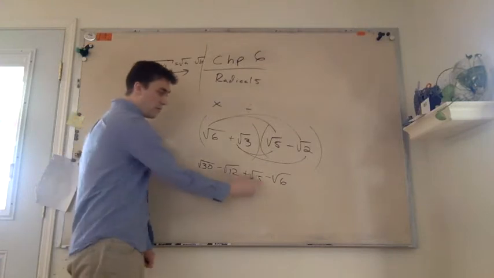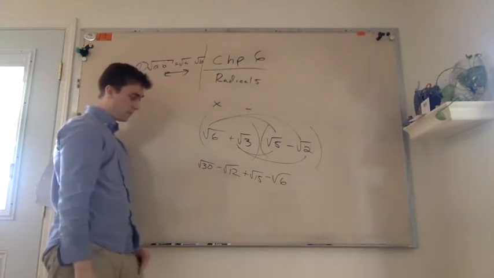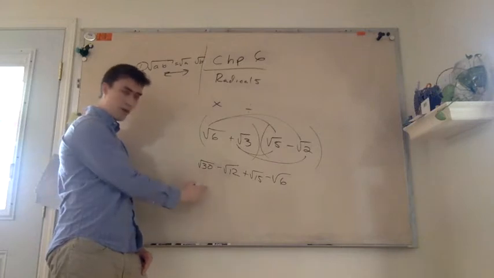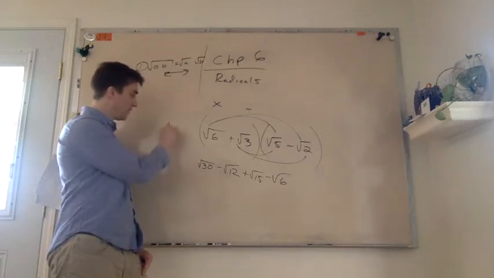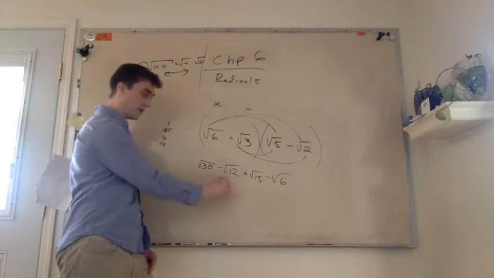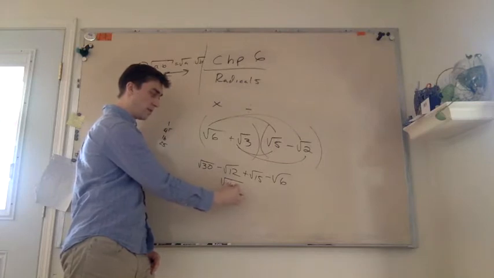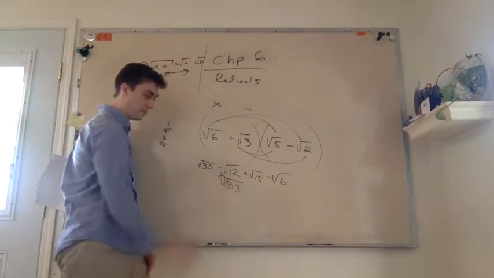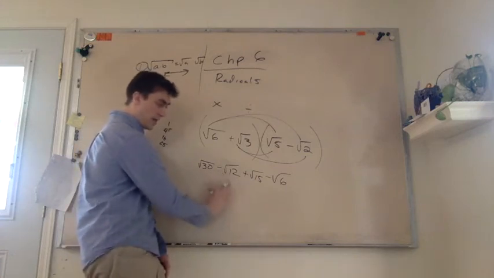Now look to see if any one of these can be simplified. 30, is that a factor of any perfect squares? 1, 4, 16, 25? I don't think so. 12 is. 12 can be written as 4 times 3, so the 4 can be removed as a 2. So I'm just going to do this right in place.